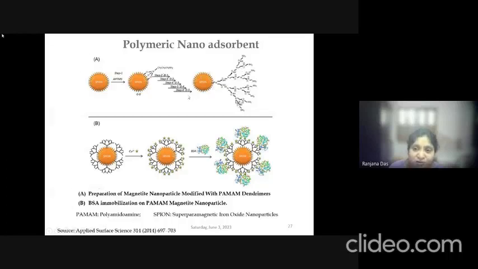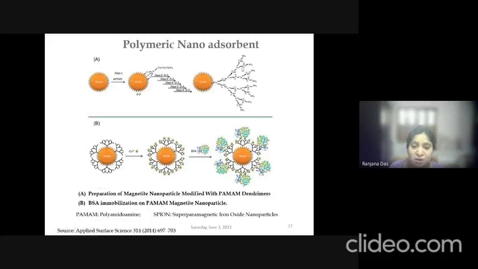Now, what is the function of these functional groups that we have introduced through polymerization? These functional groups will help us to absorb and complex with the contaminants, the heavy metals and other toxins, and they can be easily removed after the treatment by magnetic separation.